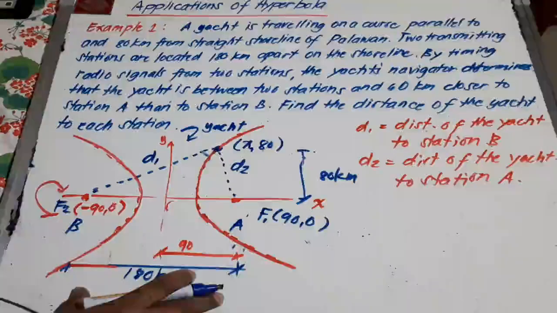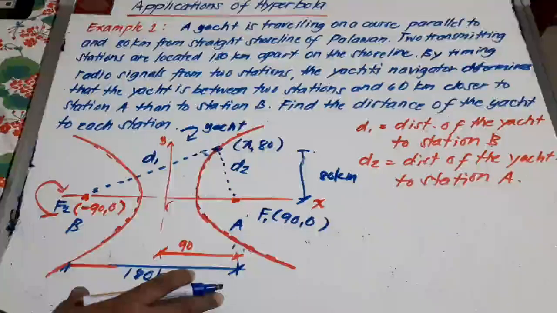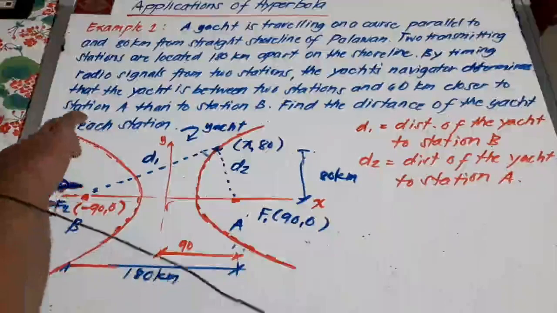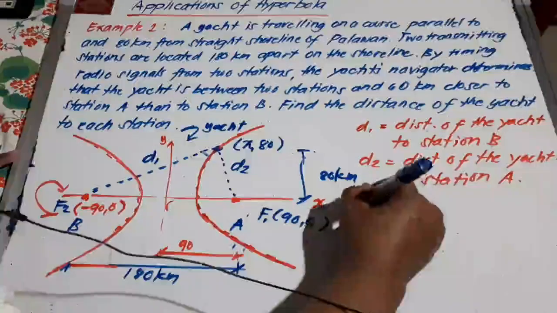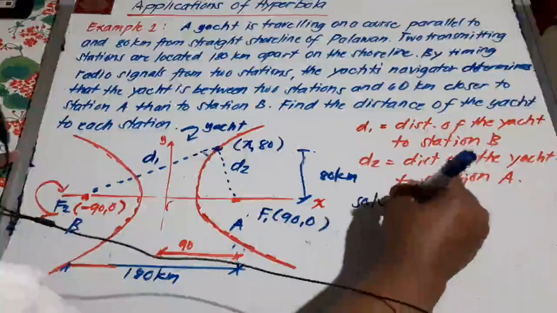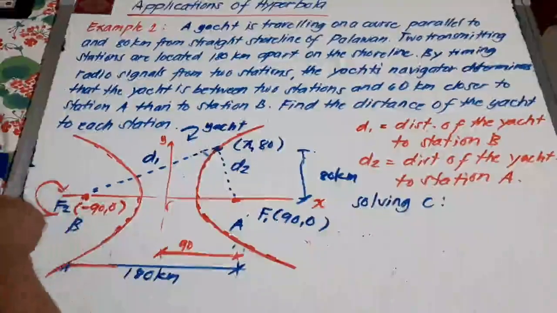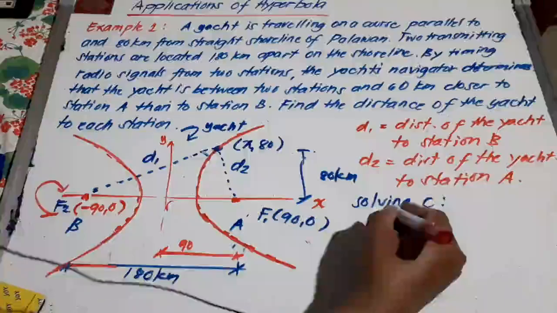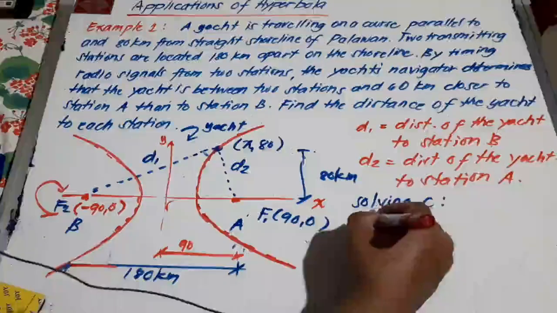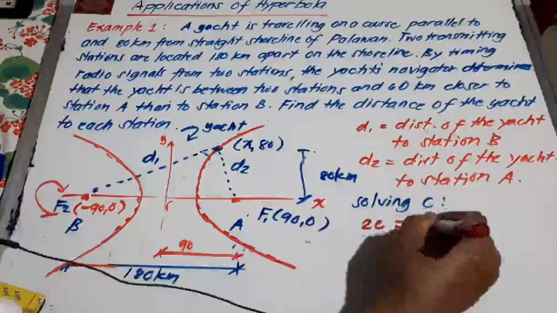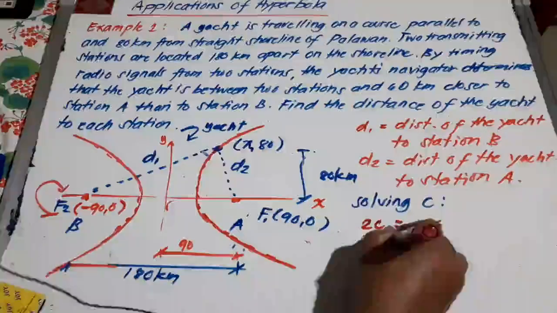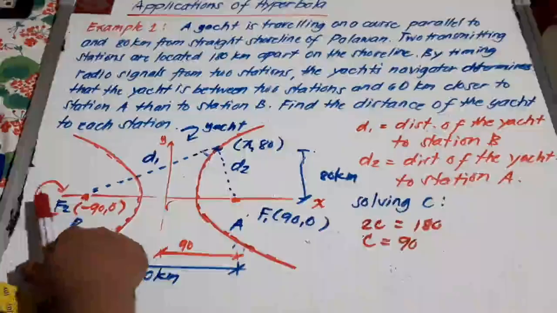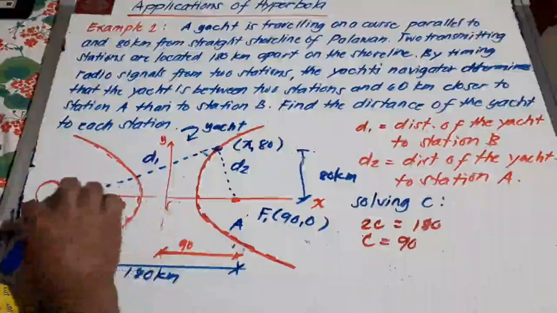We can determine the value of C based from the focal length. The focal length is 180. So, solving for C. 2C, which is the distance from F1 to F2, is equal to 180. Dividing both sides by 2, therefore C equals 90. So, meron na tayong C. Ano pang pwede nating makuha?